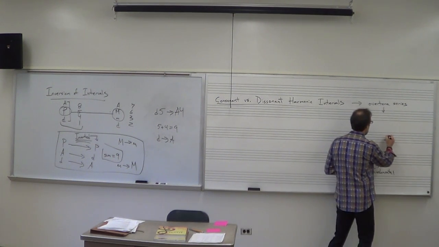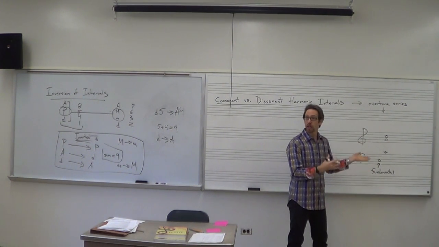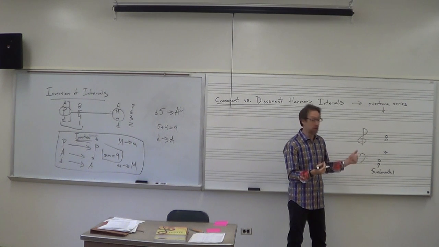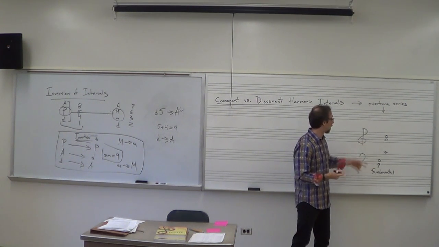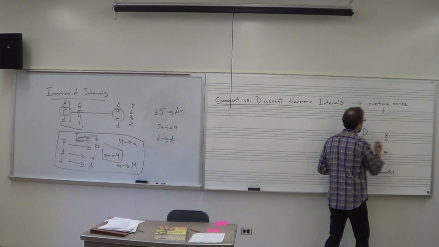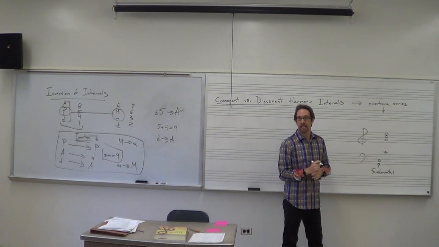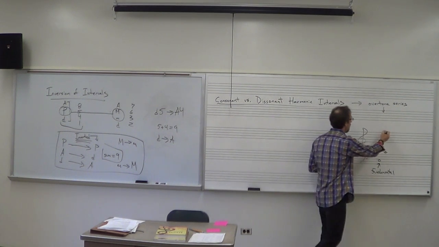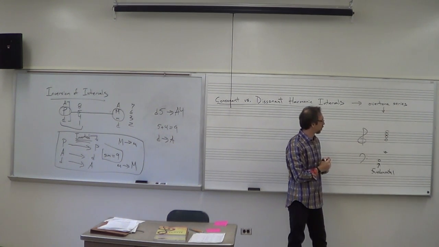The next one above that is yet another C, another version of the pitch of the fundamental, 2 octaves higher. The next would be an E in this case, or a major third, and then finally another G.